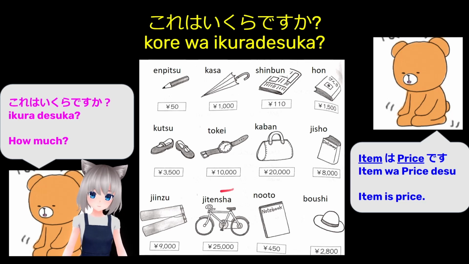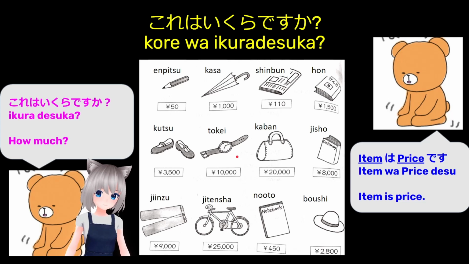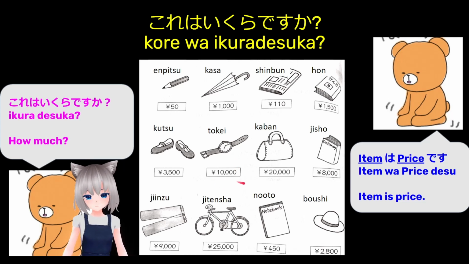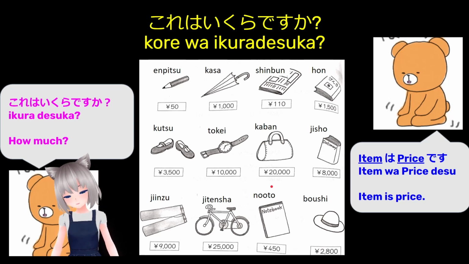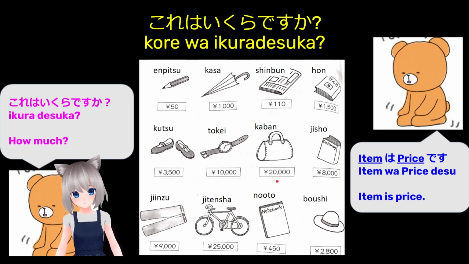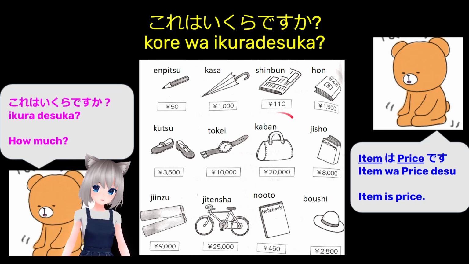Ooh, it's a big number. 時計は1万円です。Next one. これはいくらですか?